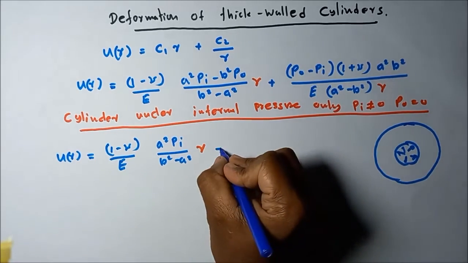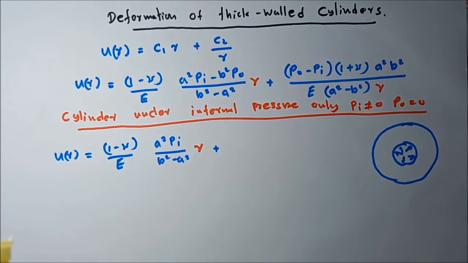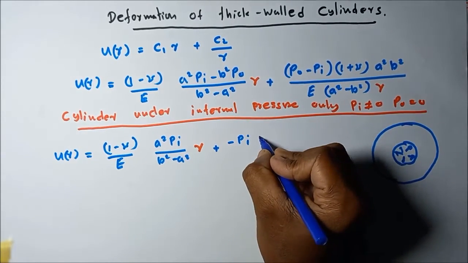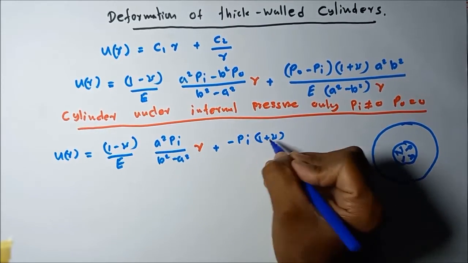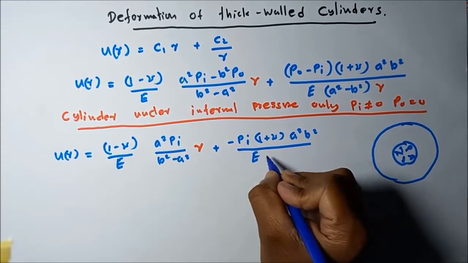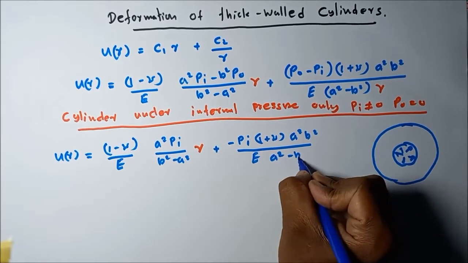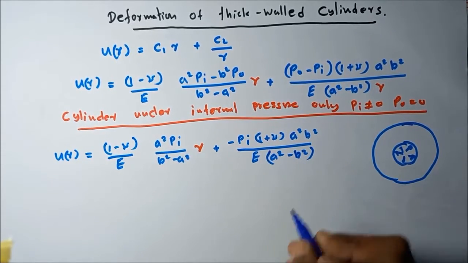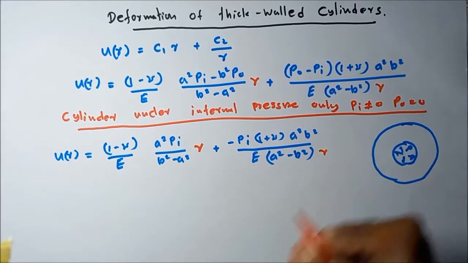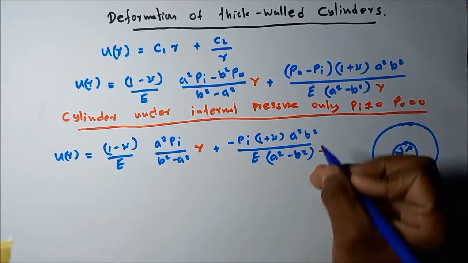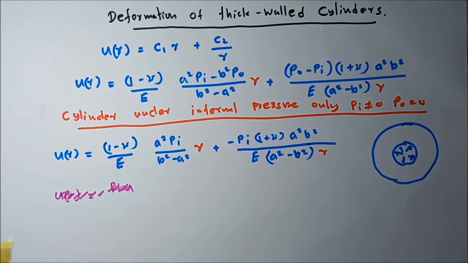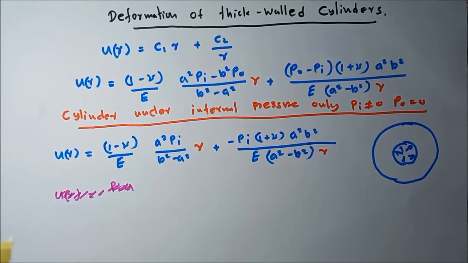Plus, minus Pi (1 plus nu) a square b square divided by E (a square minus b square) into 1 divided by r. This is the equation for a cylinder under internal pressure only situation.